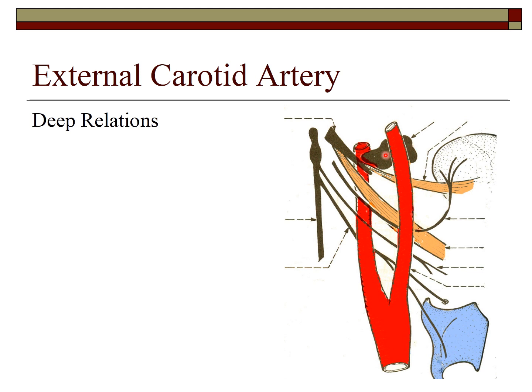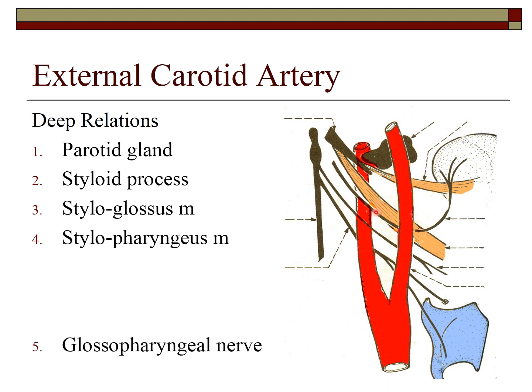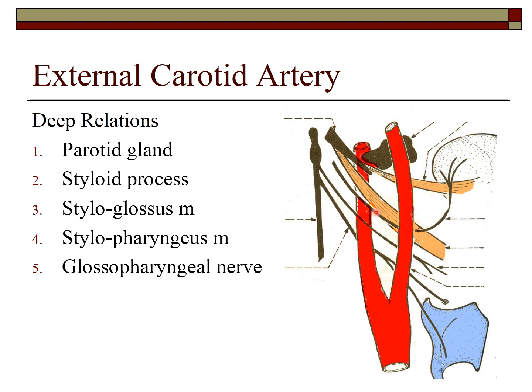Number 1, the parotid gland. Number 2, the styloid process. Number 3, the styloglossus muscle. Number 4, the stylopharyngeus muscle with its nerve supply, the glossopharyngeal nerve.